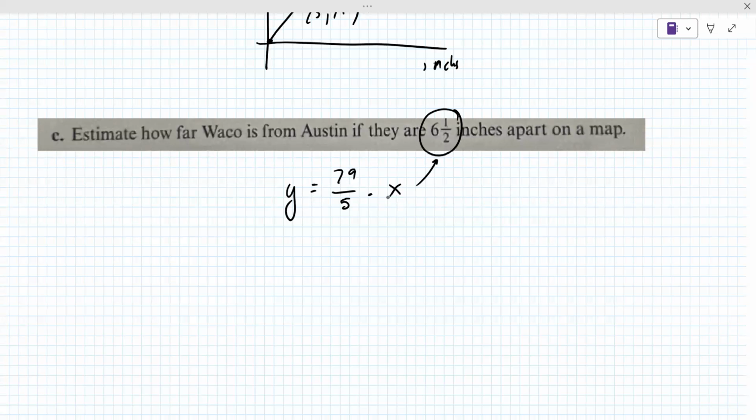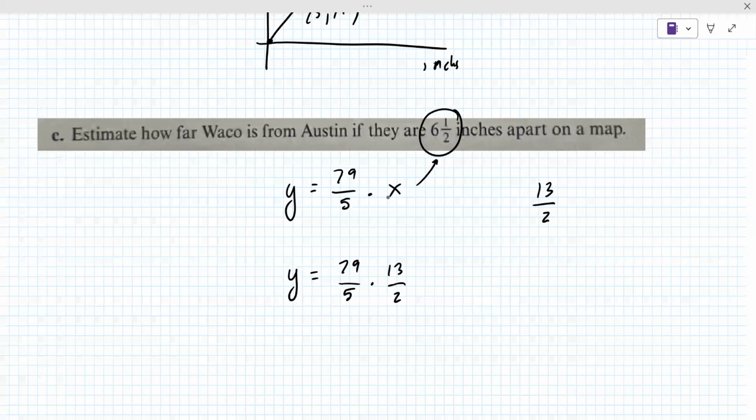So you have to convert that to a fraction, 13 over 2. Y equals 79 over 5 times 13 over 2. The only sort of nice thing here is that the bottom is 10. So that divides nicely, but you're going to have to multiply 79 by 13 there. You're welcome to use a calculator, do it by hand, whatever you're allowed to use in class.